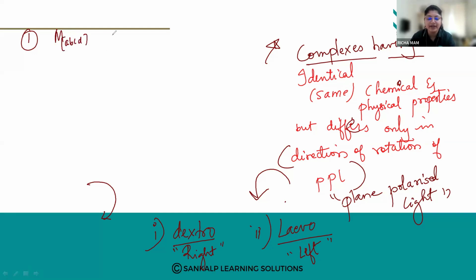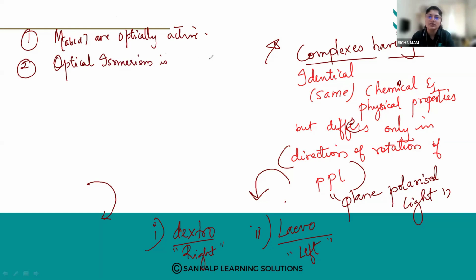Whenever you have four different monodentate ligands, these are optically active. The second example is optical isomerism, which is common in octahedral complexes. So in octahedral complexes, you can find optical isomerism.